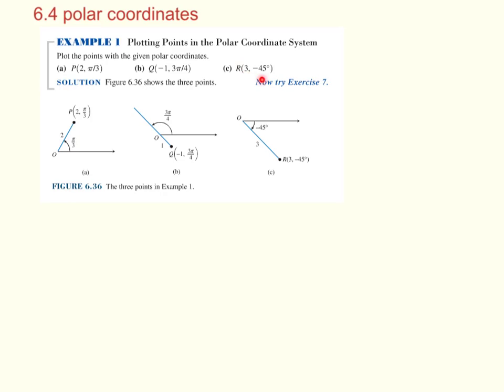And then here in example C, we have a positive distance of 3, but a negative angle, which means that we now go clockwise instead of counterclockwise, 45 degrees down, 3 units out, and there we are.